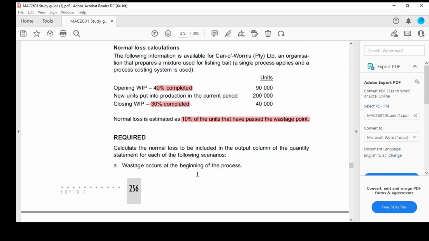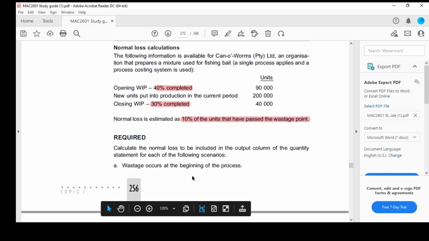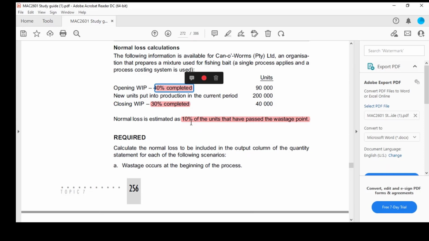I think we're going to say 40 minus 10, and it will give us 30. Okay. You'll say 40 minus 10%, and then we'll get the 30%. That's the wastage occurs at the beginning of the process.